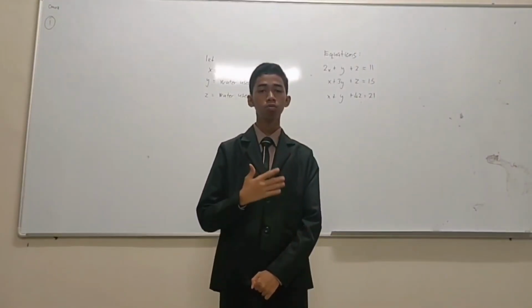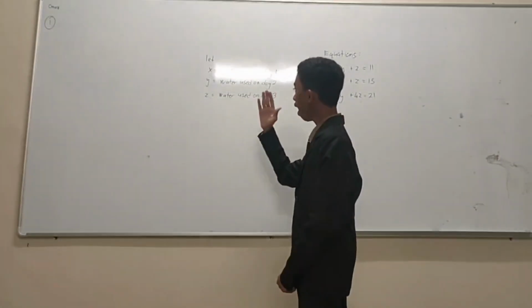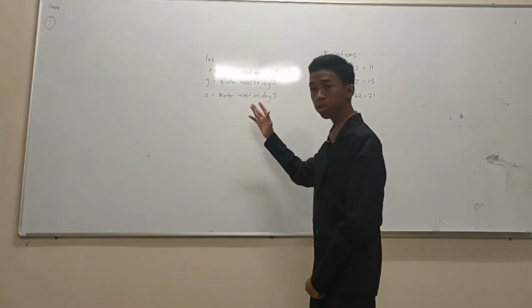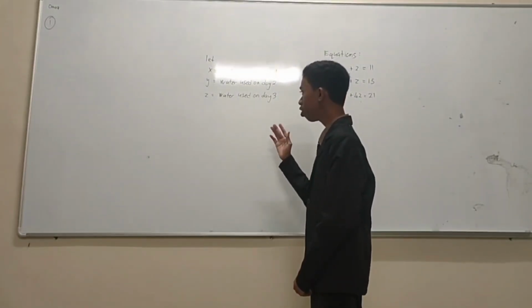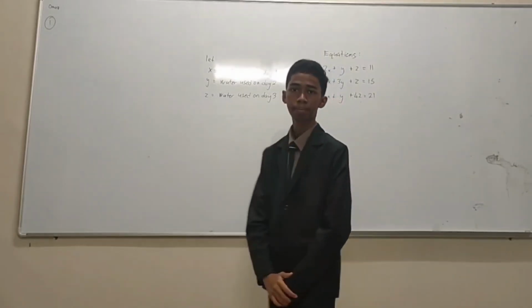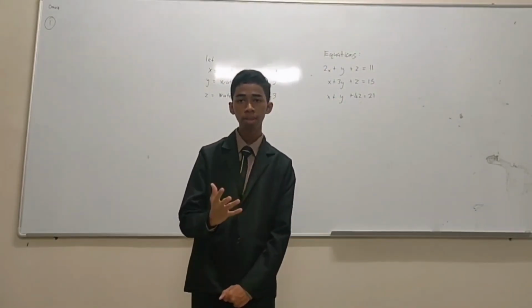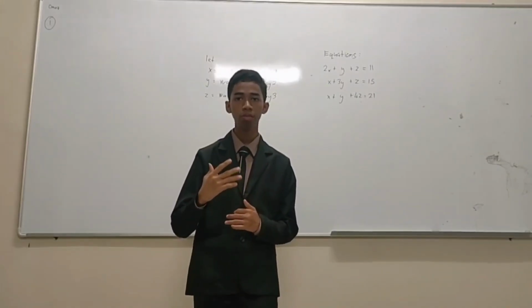And now, we define the variables. We let x equal the water used on day 1, y equal the water used on day 2, and z equal the water used on day 3. From this, we will form the following simultaneous equations.